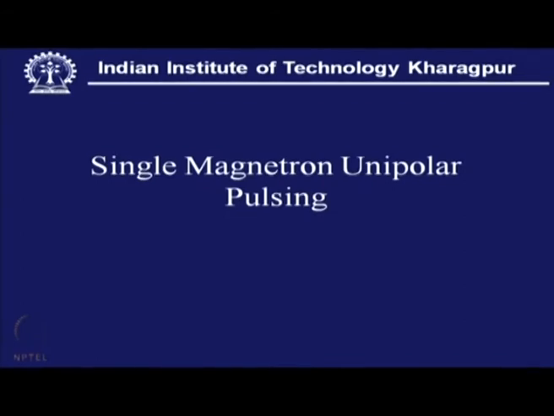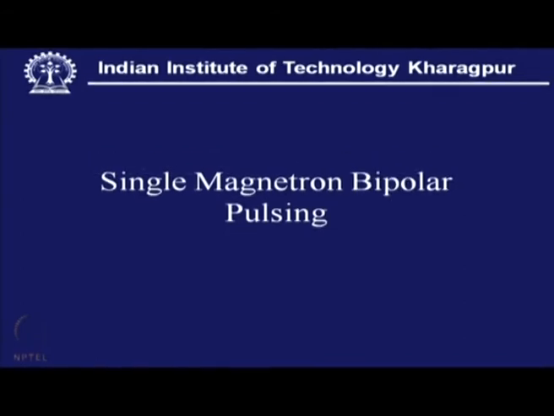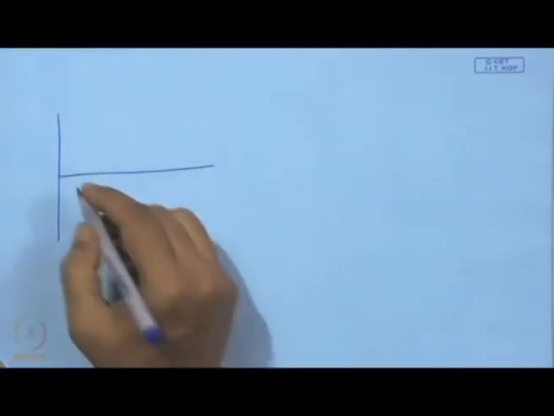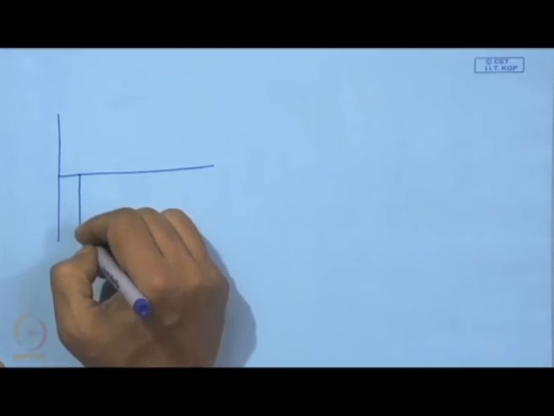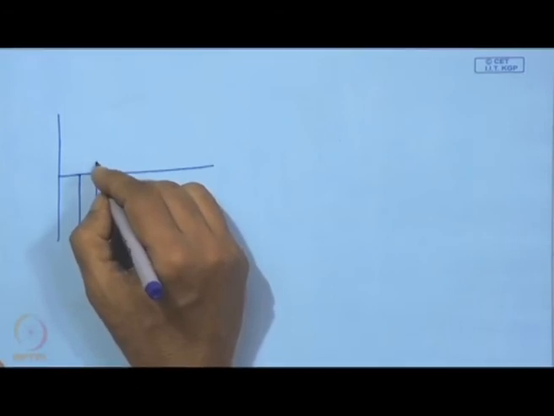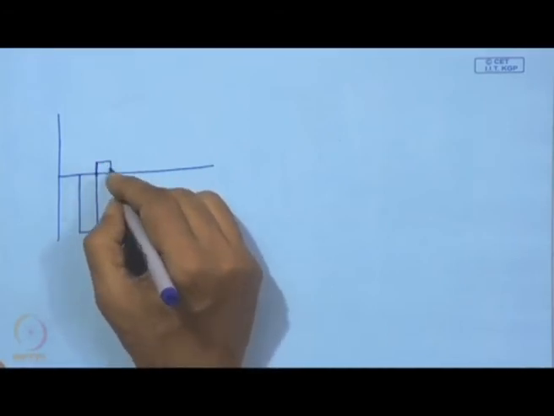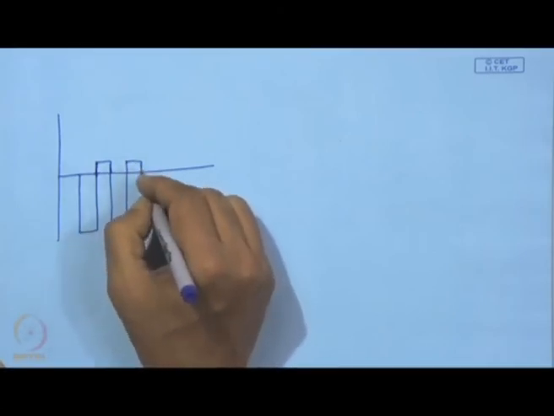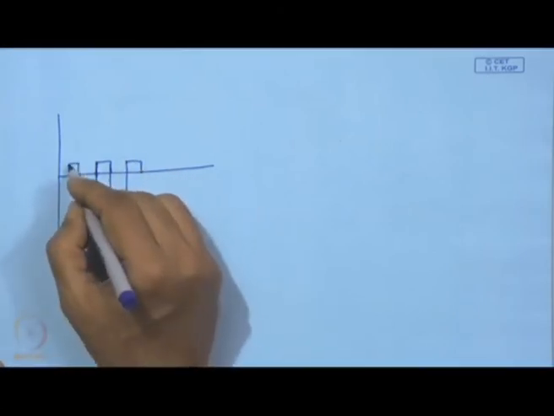Following that we have another one, single magnetron, but it is bipolar pulsing, single magnetron bipolar pulsing. Here this is also single magnetron, but here we have a little bit of positive polarization and the process repeats itself. It is something like this.